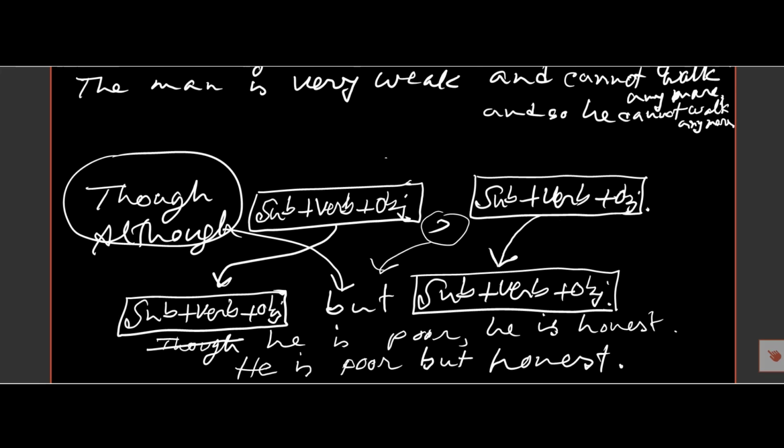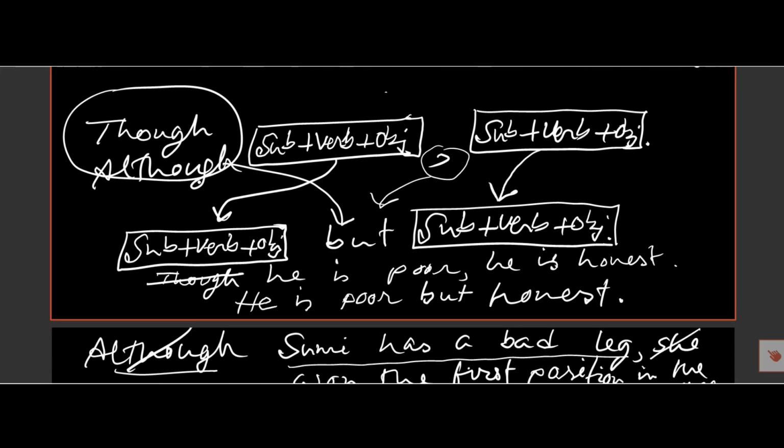And if there is the conjunction though or although, instead of though, although, there must be "but". So we must begin with the part after though, although, and after "but" there will be another part.